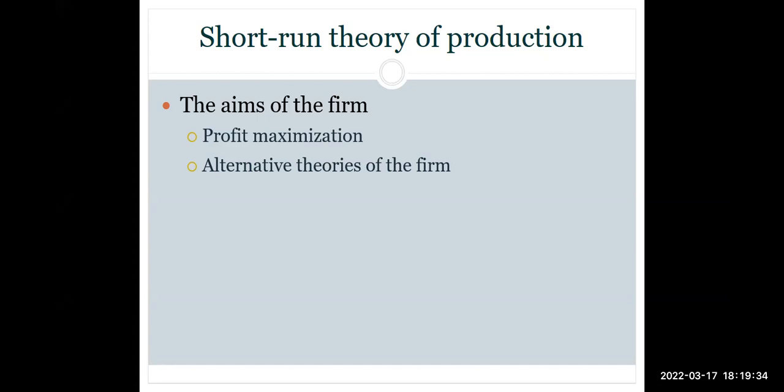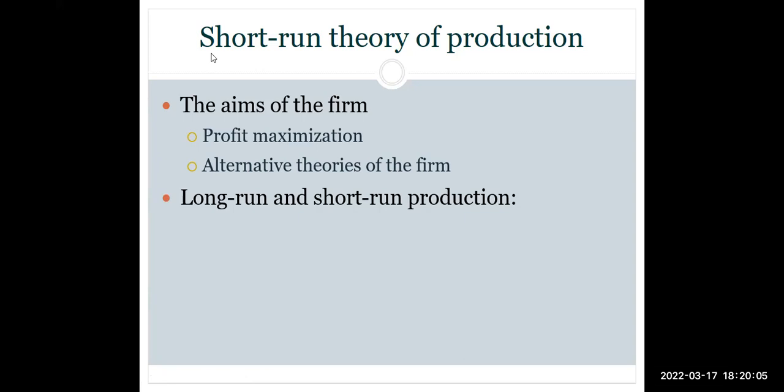These are the alternative theories, but the main theory of the firm is that they want to maximize their profits, and to increase their profits, they try to use labor and capital in different proportions, and they produce different quantities, and they try to maximize the production. Once they maximize production, they can automatically increase their level of profits by cutting down their costs or increasing their level of outputs.